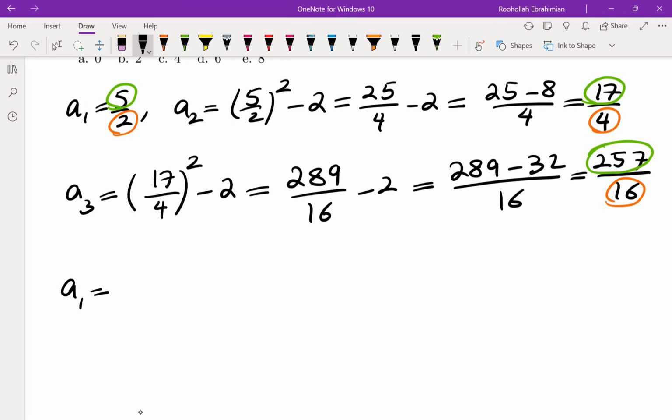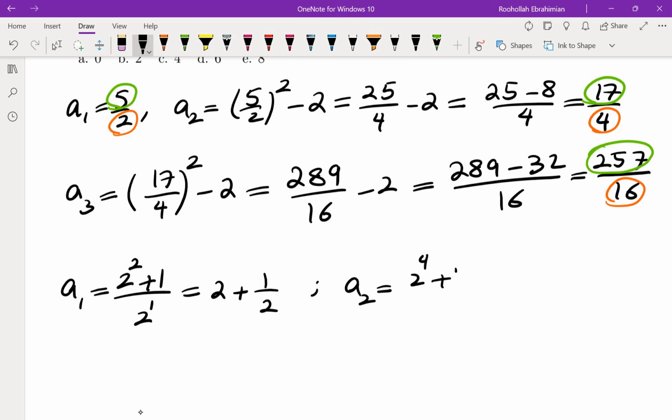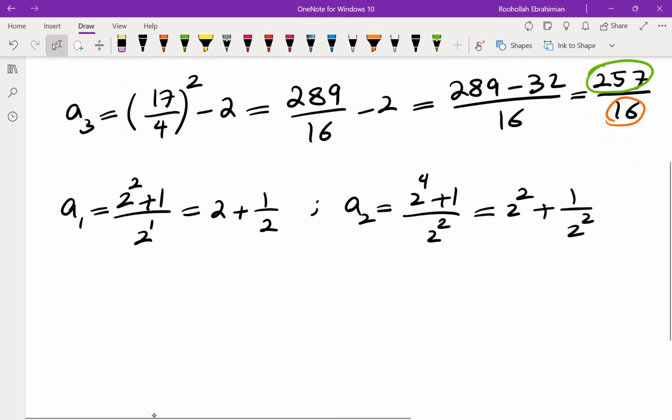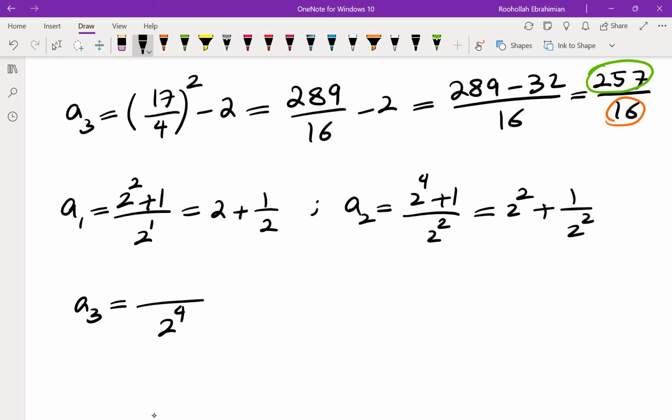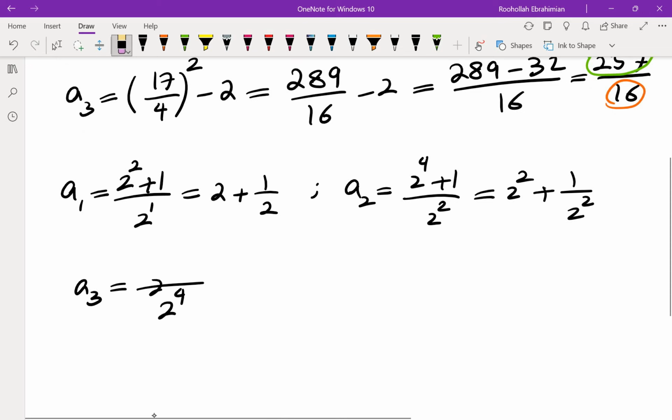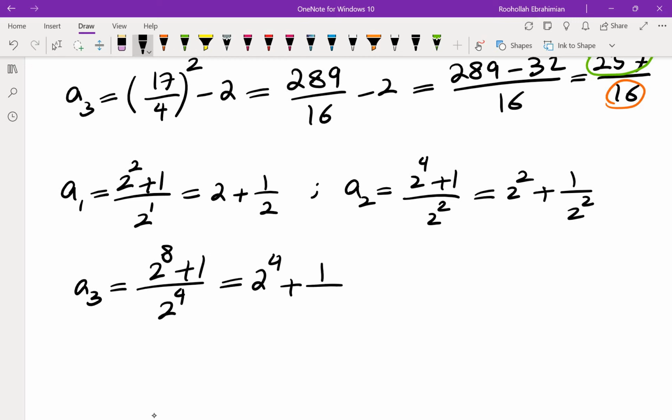So a1 is 2 to the power of 1 plus 1 over 2, which is 2 plus 1 over 2. a2 is 2 to the fourth, which is 16, plus 1 over 2 squared, so you get 2 squared plus 1 over 2 squared. a3, we have the denominator as 2 to the power of 8. 256 is 2 to the power of 8, and then plus 1. So this is 2 to the power of 8 plus 1 over 2 to the power of 8.